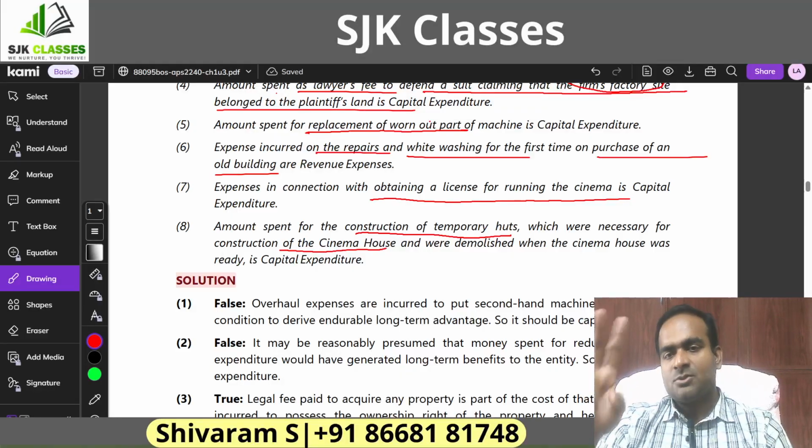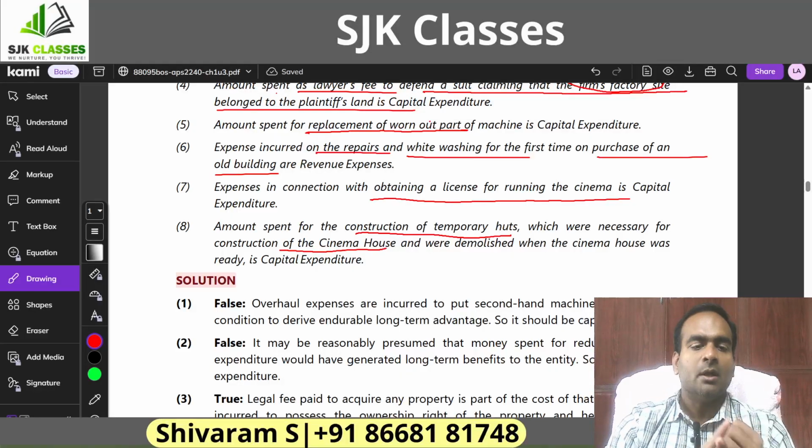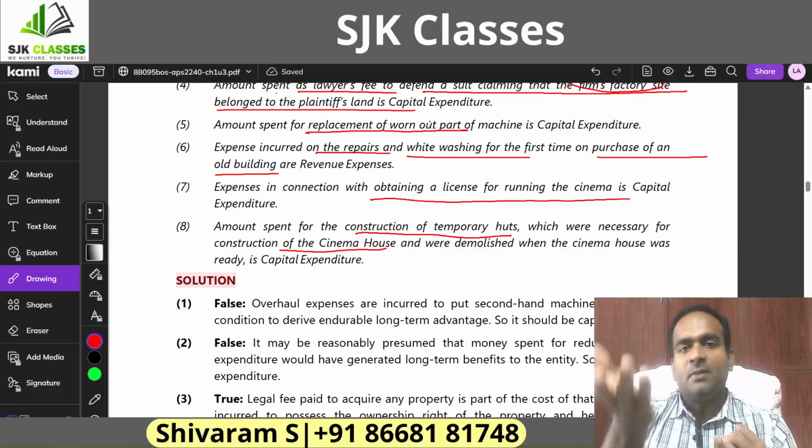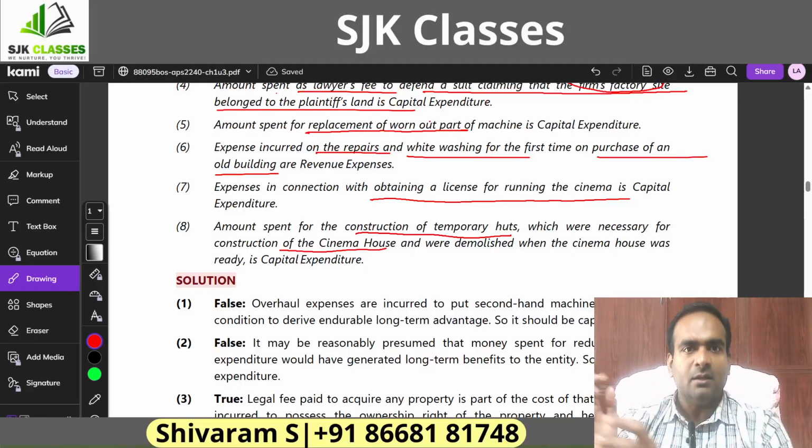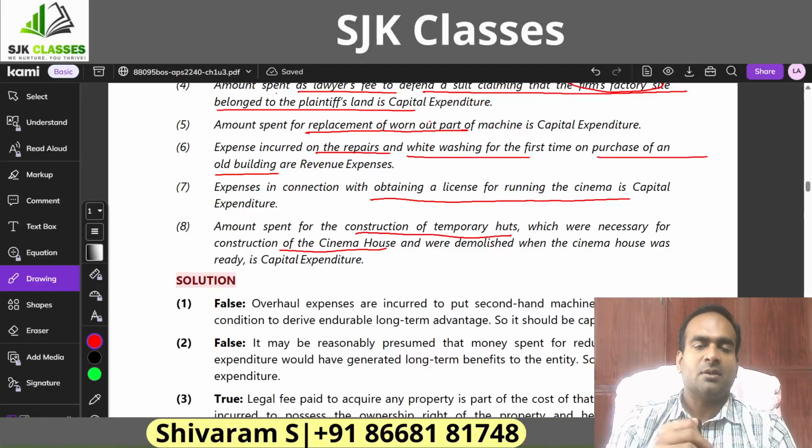Now, the same story, apply the two provisions. First condition is what? It should give us some future benefit. So that point is getting fulfilled. Think here, without constructing the temporary huts, will we be able to construct the cinema hall? Answer is no. So I need these huts where the people can stay so that they'll be able to construct the cinema hall.